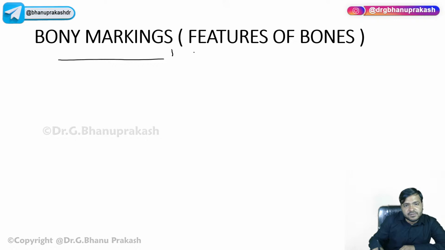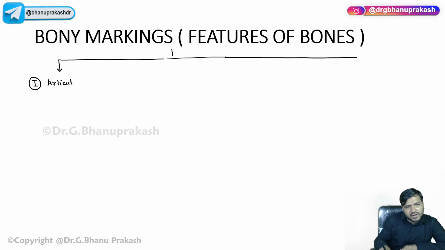The bony markings, guys. Now, the bony markings are classified into four types majorly. The four types that you have to remember in broad headings. The very first one is the articular surfaces.